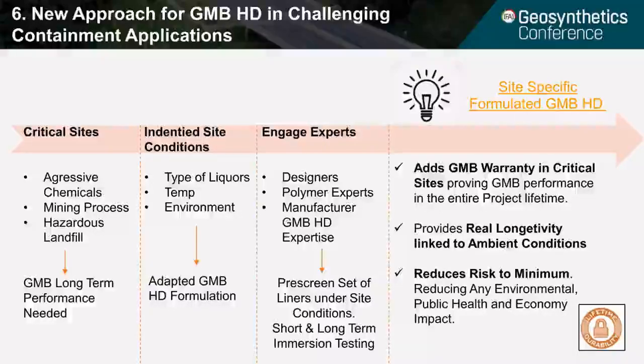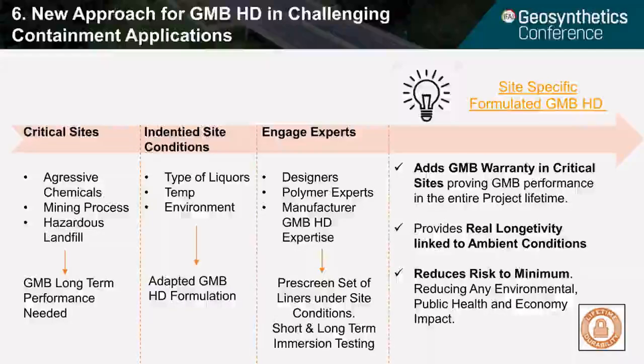As we have seen in this paper, for challenging sites a new approach in terms of specifying HD geomembrane is felt to be necessary. Traditional GRI GM13 standard geomembranes, whilst being an excellent general purpose specification, would be inadequate in projects where the leachate in contact is very aggressive, such as mining processing and some landfills.